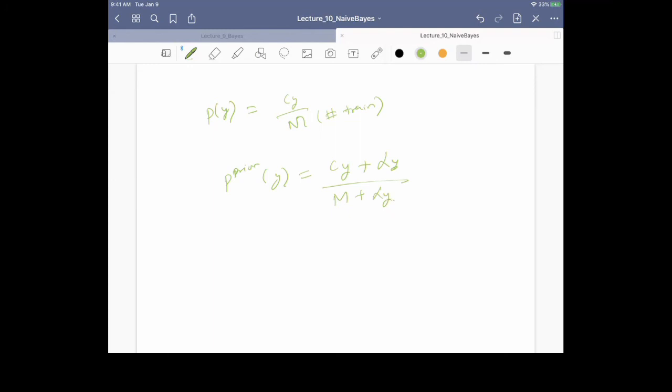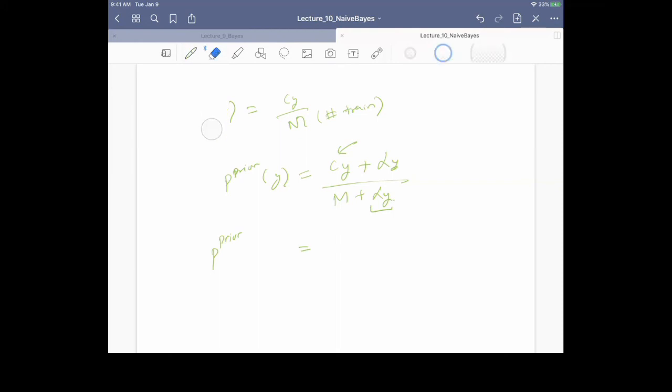So if C of y is 0, you are weighing this with the Dirichlet prior. Similarly, you can also do this for the prior of y comma xi.